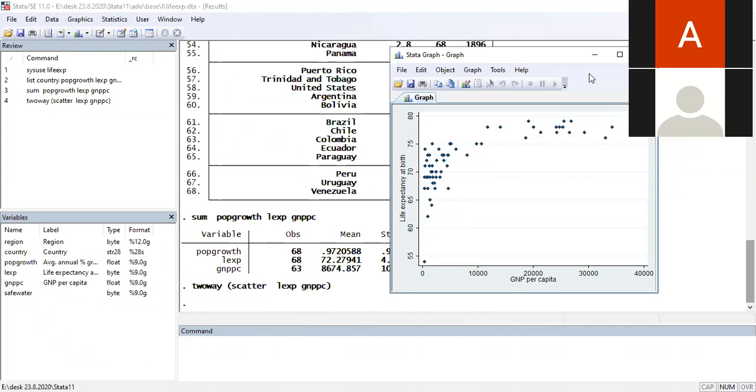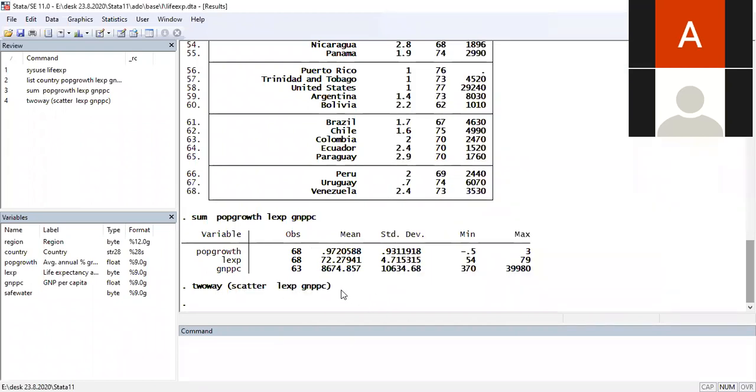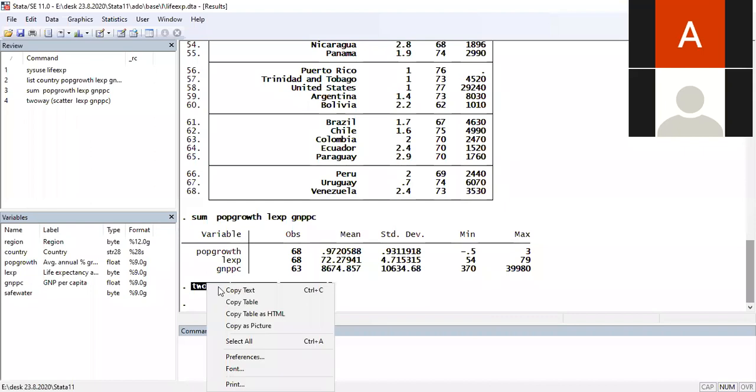This is the way you have to write. If you write the GNP first and this later, then obviously they will flip. They will put life expectancy on the horizontal and GNP per capita on the vertical. Let's try that. No harm, it's trial and error.